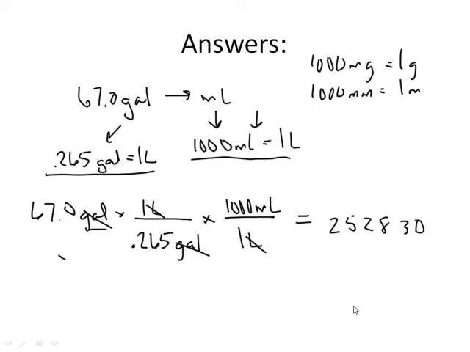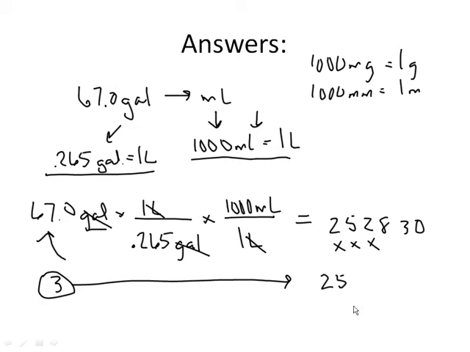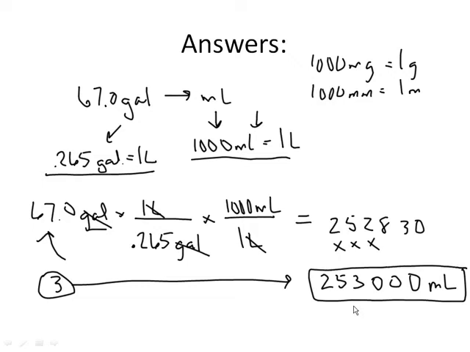But when I go back and look at 67.0, I see I only have 3 sig figs, which should be reflected in my answer. So 1, 2, 3. The next digit is greater than 5, so I'm going to round up. So 2, 5, 3. And then I have to fill in the rest of them with 0 so that I still have a number that's the same size. There we go. And tack on your unit at the end, box your answer so that we know what it is that you decided.